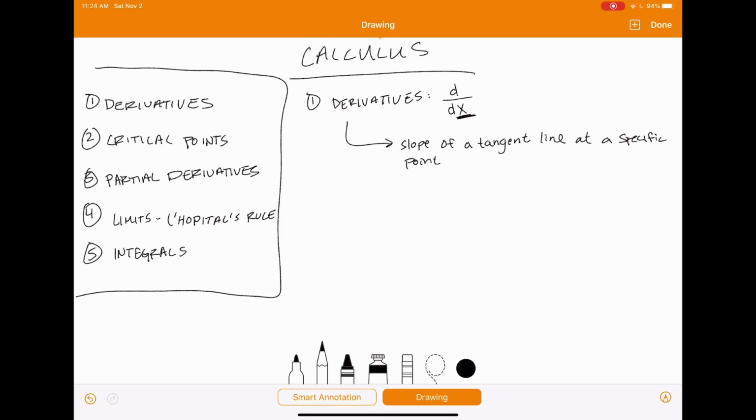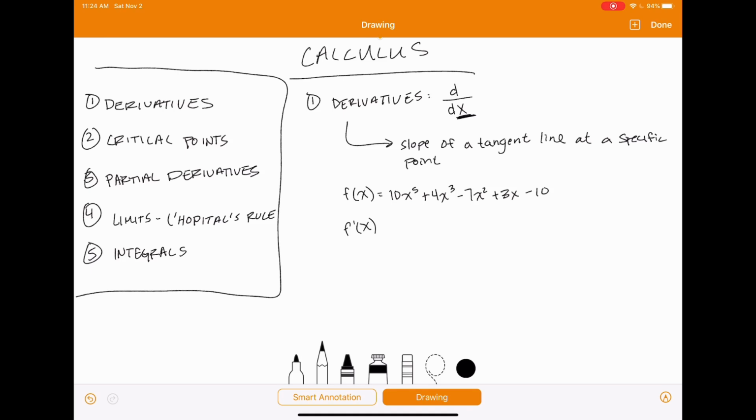All right, so if we had the function f of x equals 10x to the fifth plus 4x cubed minus 7x squared plus 3x minus 10, and if we wanted to take the derivative of that, we're going to use this f prime of x notation.